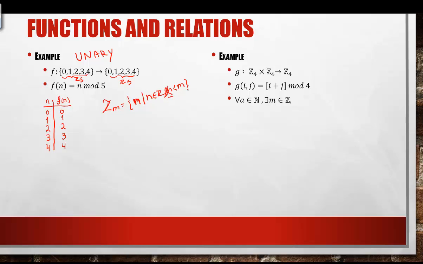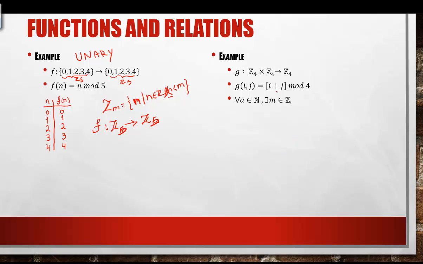Okay, so in this case, if I have the definition of z sub m as this set, then my function f is going to be from z sub 5 onto z sub 5, and this is the representation of my function.